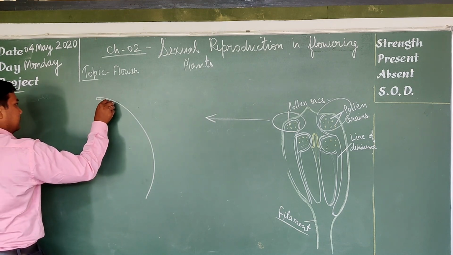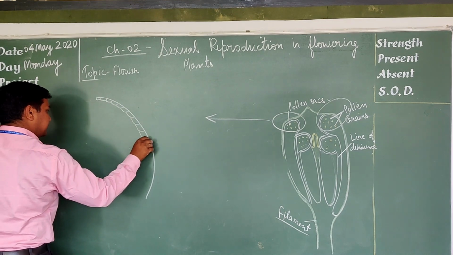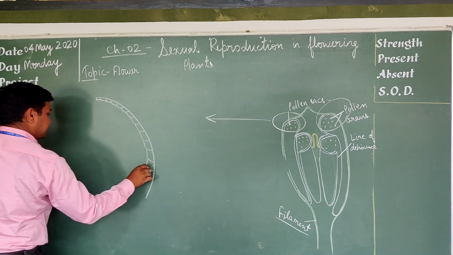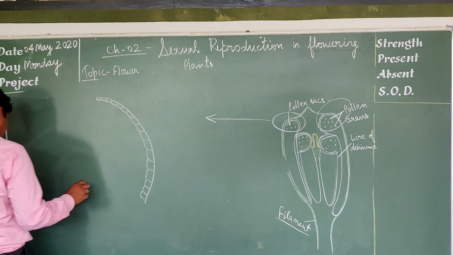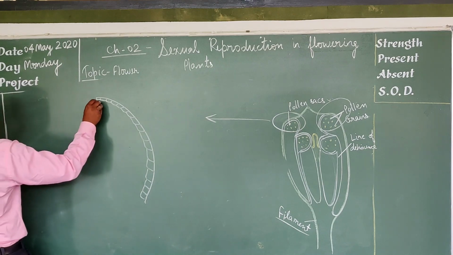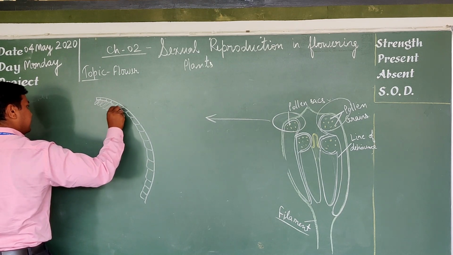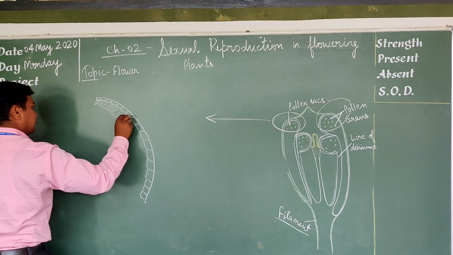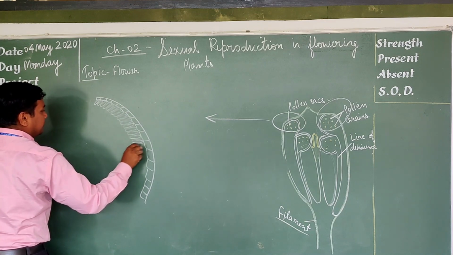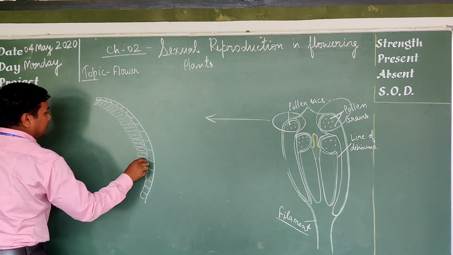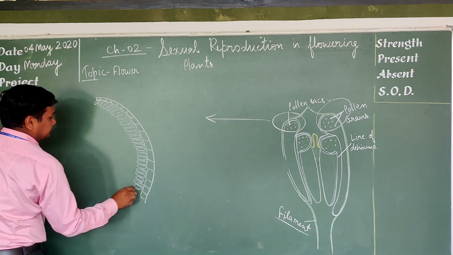Epidermis is a single layer of flat cells. The second layer is the endothecium. Endothecium is also a protective layer, and it also helps in the dehiscence of pollen grains from a pollen sac.